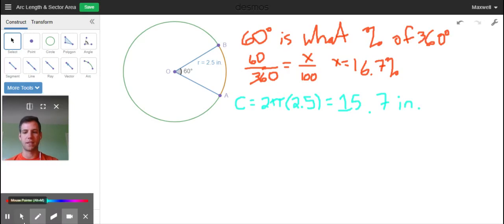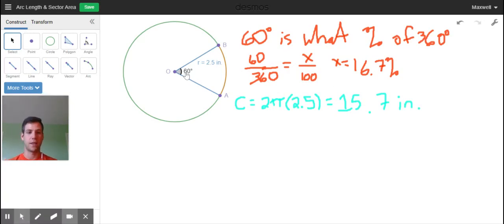Now, what we've basically found here is that our angle is taking up about 16.7% of the whole circle. So that means this arc, which is also 60 degrees, is 16.7% of the whole circle's circumference.